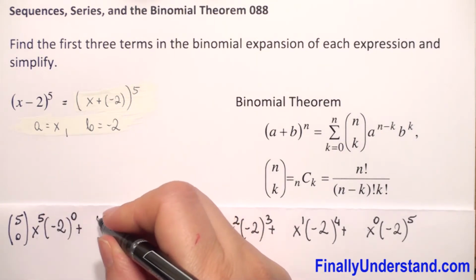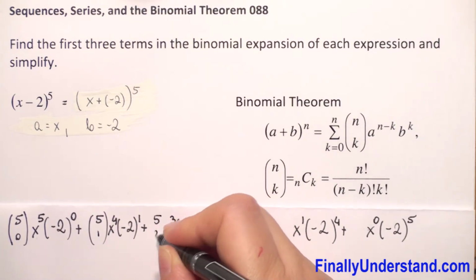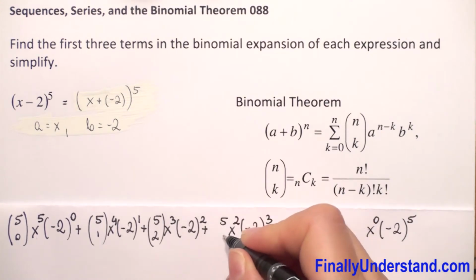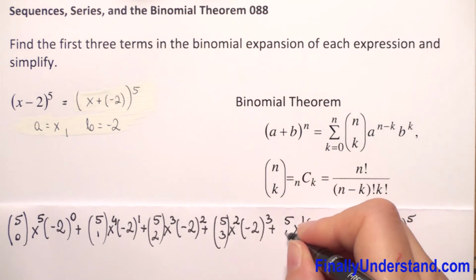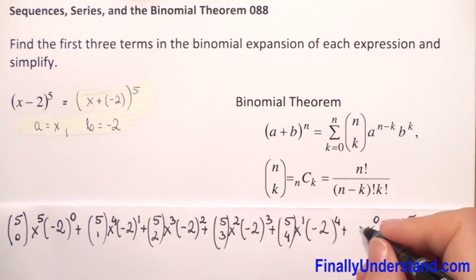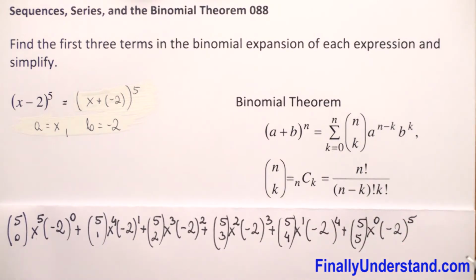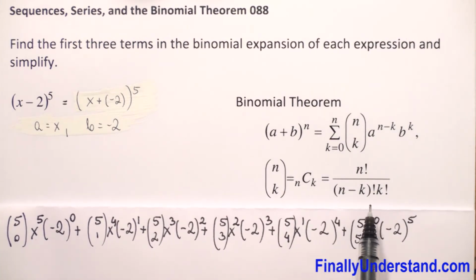Next we have 5 choose 1, 5 choose 2, 5 choose 3, 5 choose 4, and 5 choose 5. Next, to find these coefficients, you can use this formula or you can use a calculator. First, let's use this formula.